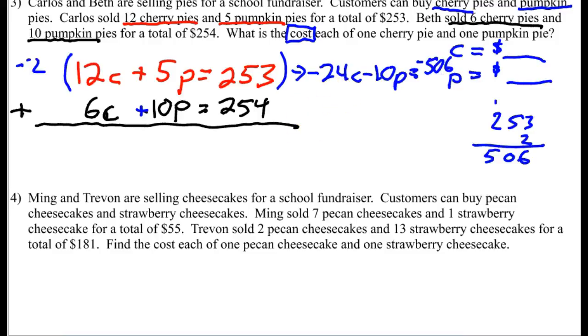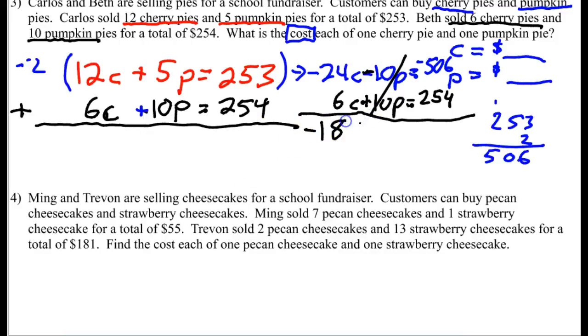And then the bottom one stays the same: 6C plus 10P equals 254. And now we have a positive and a negative of the same number, so they cross off and eliminate to 0. So negative 24 plus 6 is negative 18.